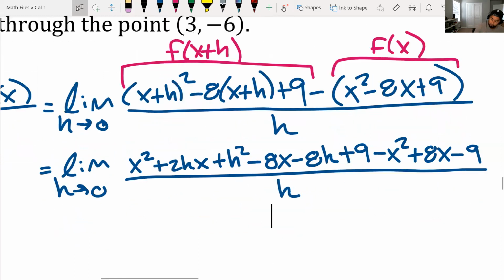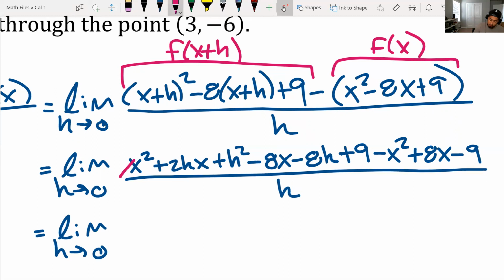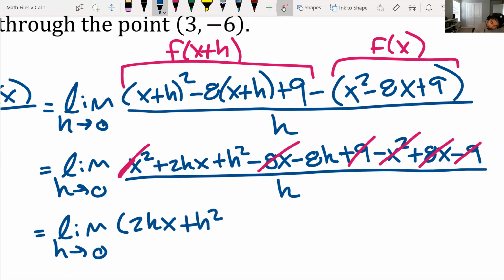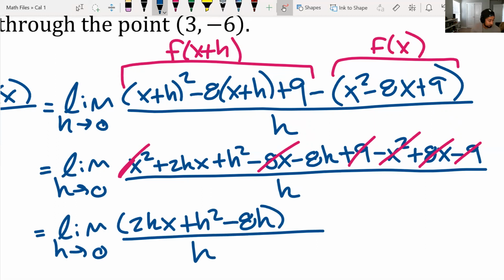Then, as h approaches 0, x squared is gone, 8x is gone, 9 is gone, and we are left with 2hx plus h squared minus 8h, all over h.